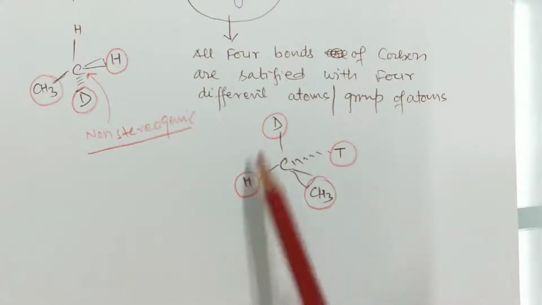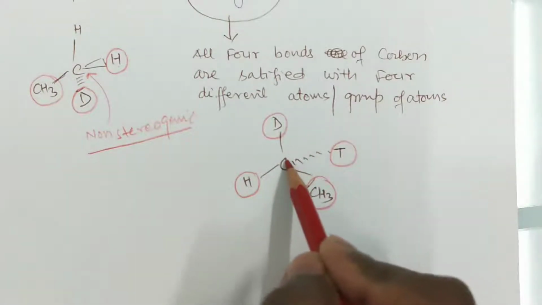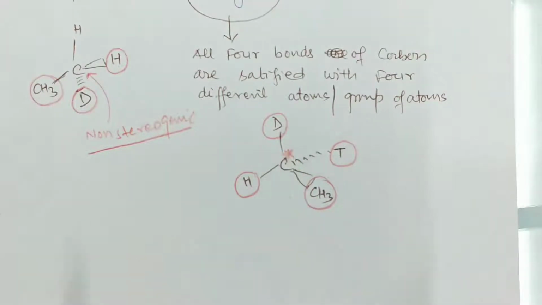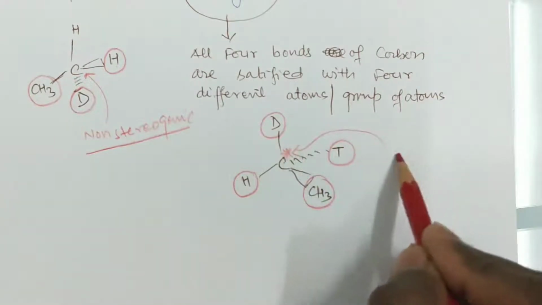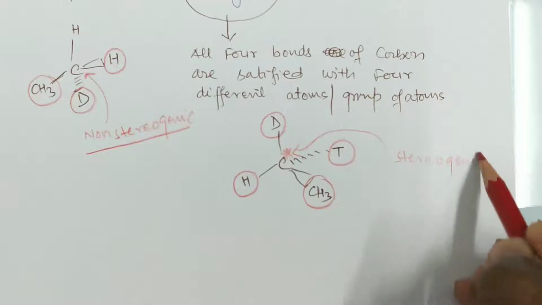Even if they are isotopes, they are treated as different groups. So definitely this carbon is a stereogenic carbon, and stereogenic carbon is represented by a star, right?